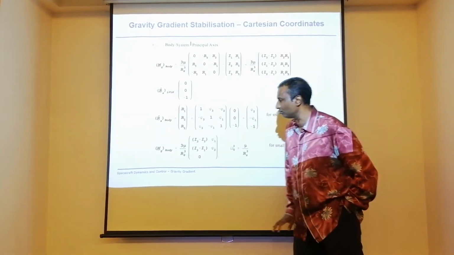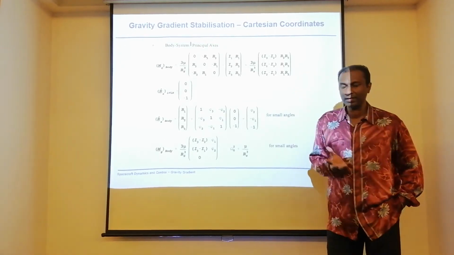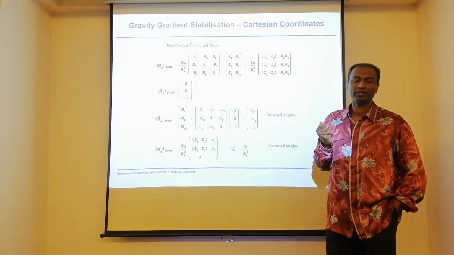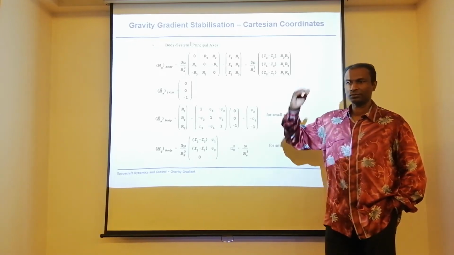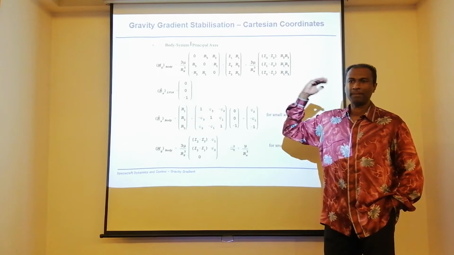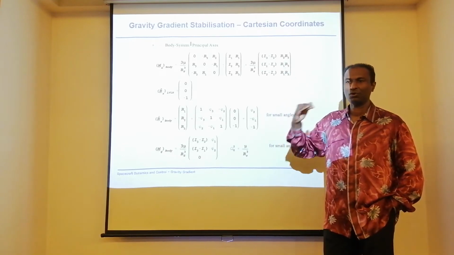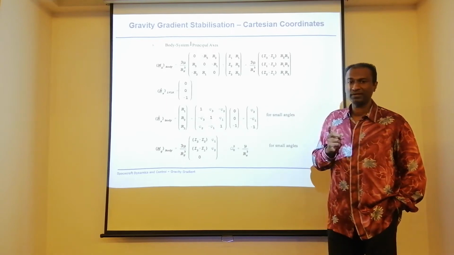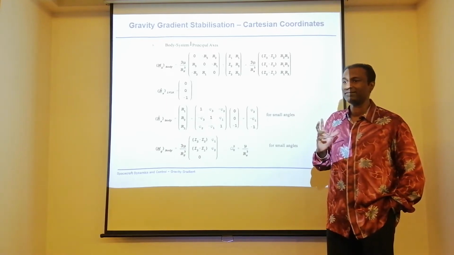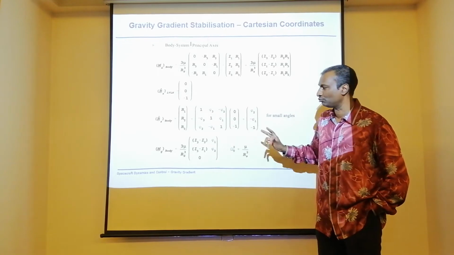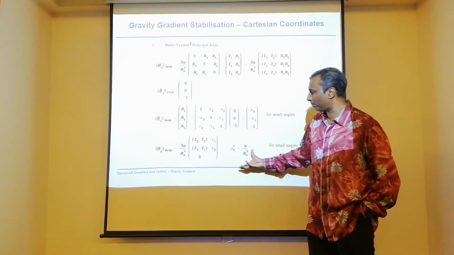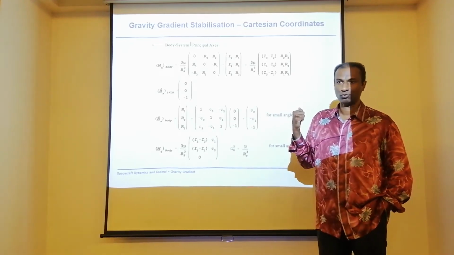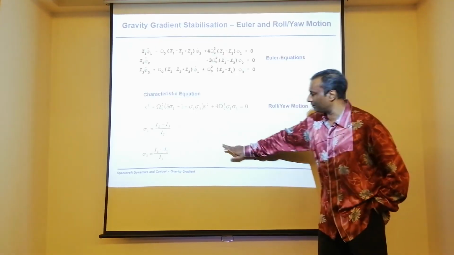We have already developed our Euler equation of motion for roll, pitch, and yaw, but the one we discussed before was without the gravitational term. Today, I'm going to plug this term and insert it into that Euler equation of motion. Shall we see that? Remember this?